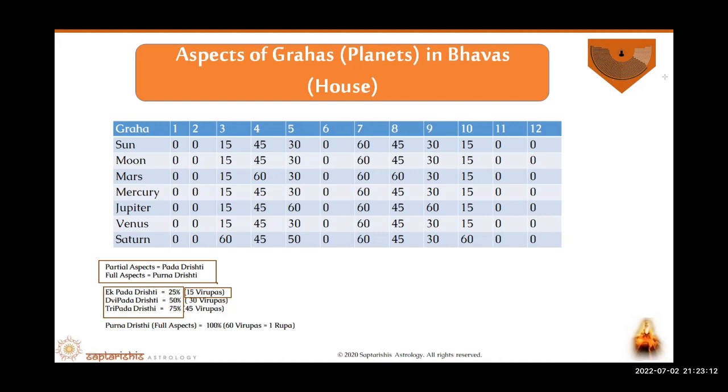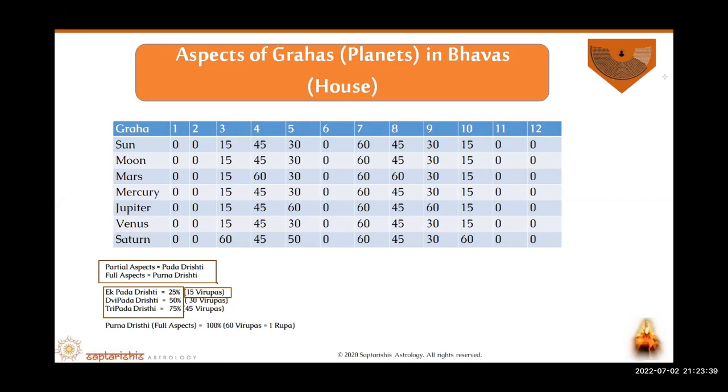There they are not talking about houses. There is no house system. Those are completely based on nakshatra only. If you want to make houses, you can make only 9 houses. There is no 12 house system, and they are doing prediction on the basis of this.